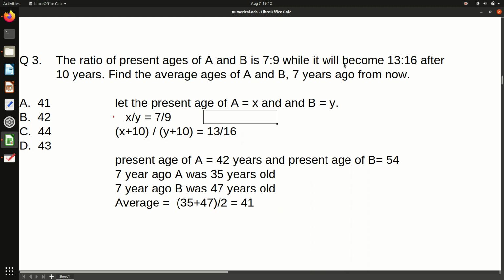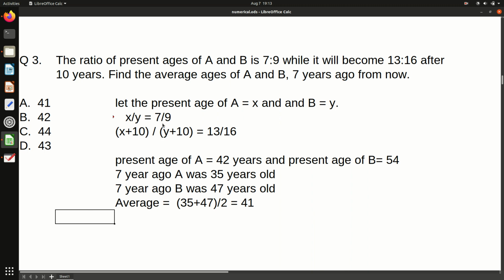Now you just have to follow the question. It is saying it will become 13:16 after 10 years. So this is the present age. After 10 years A will be X plus 10, and similarly B will be Y plus 10, and their new ratio will be 13:16. So I have written 13 by 16.